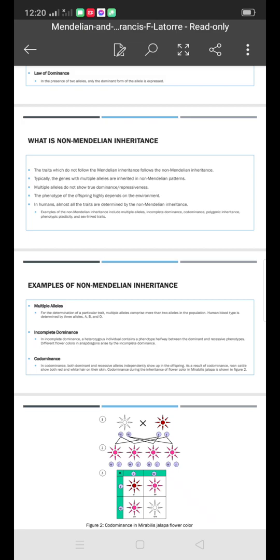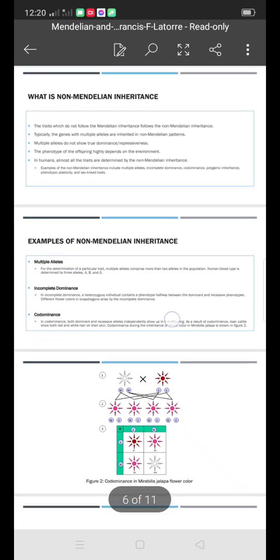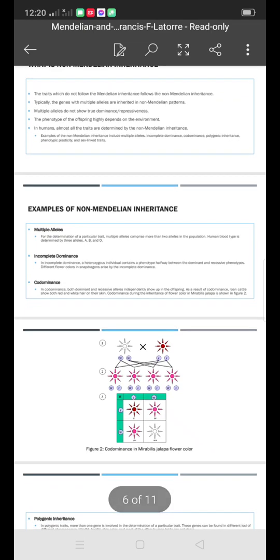The traits which do not follow Mendelian inheritance follow non-Mendelian inheritance. Typically, genes with multiple alleles are inherited in non-Mendelian patterns. Multiple alleles do not show true dominance. The phenotype of the offspring highly depends on the environment.